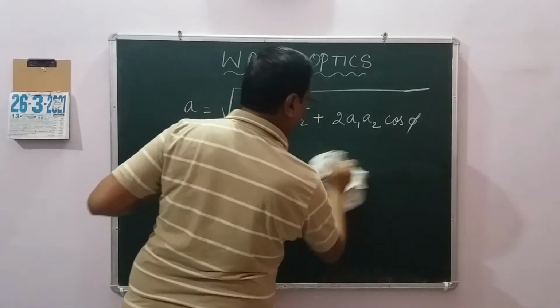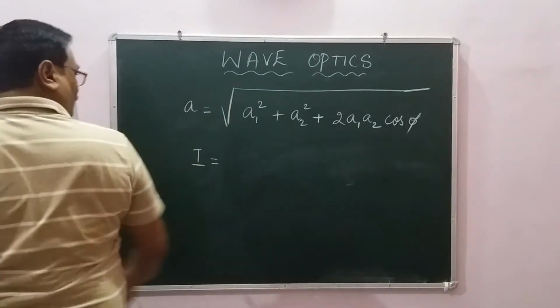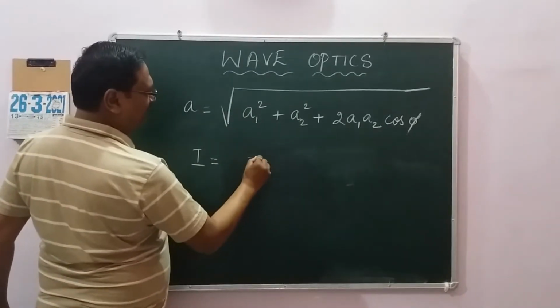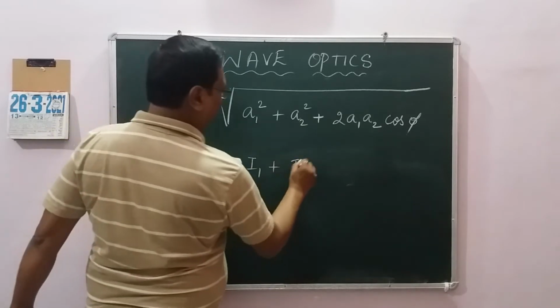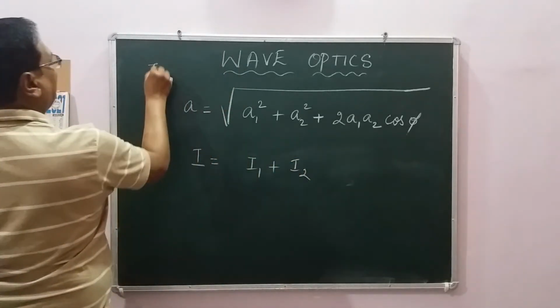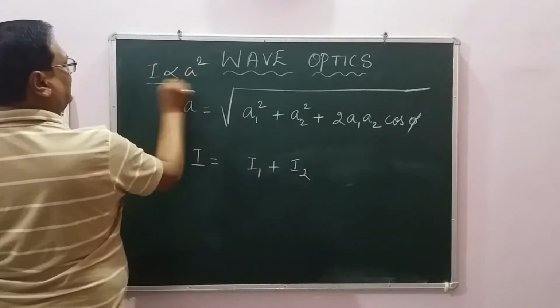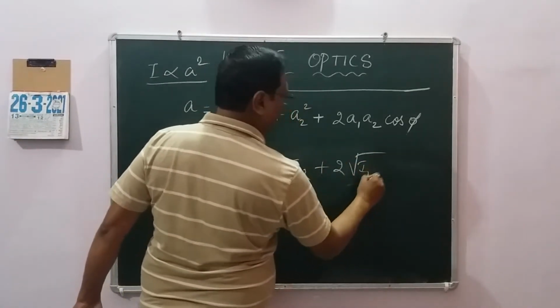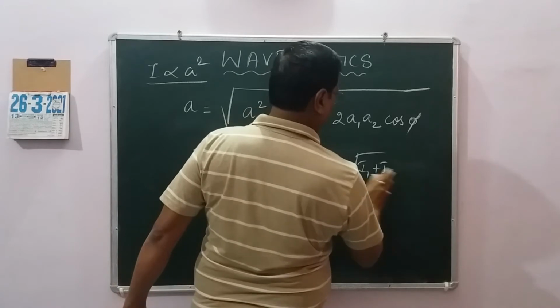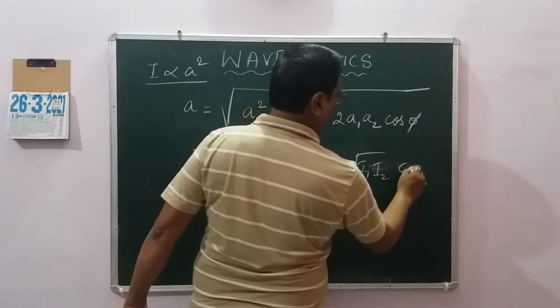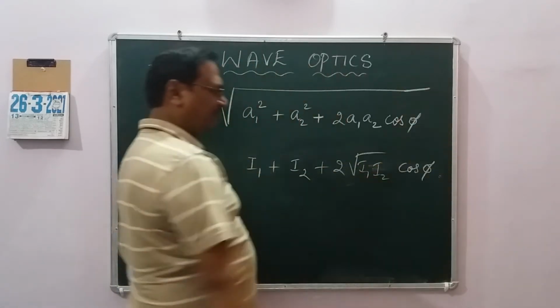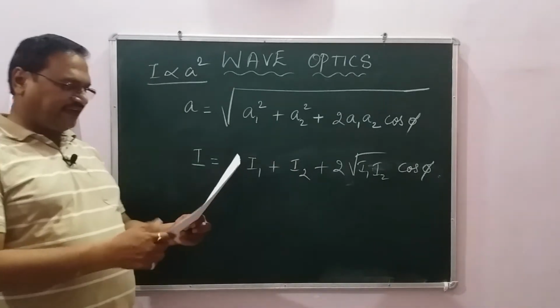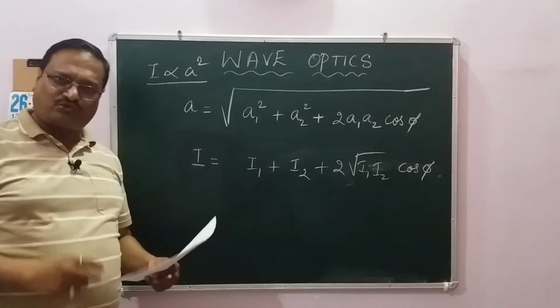Let me write more correctly. Root I is equal to root I1 plus root I2, why? I is proportional to A square. Plus 2 root of I1 I2 cos phi. Okay, so this is for intensity you can use.